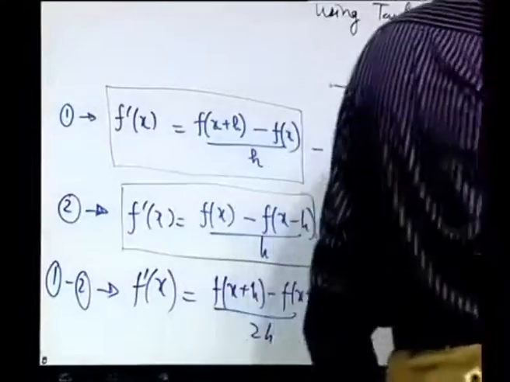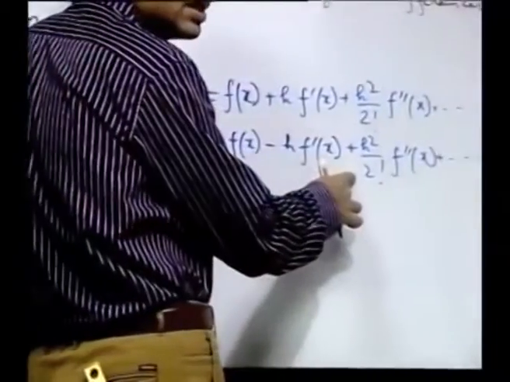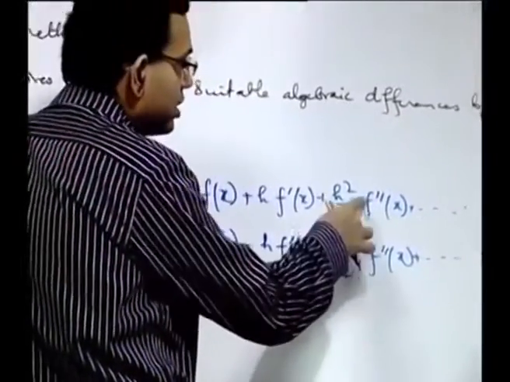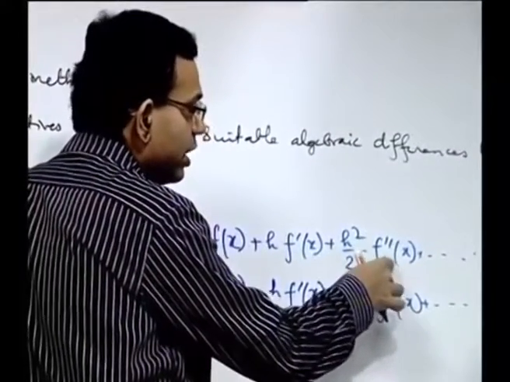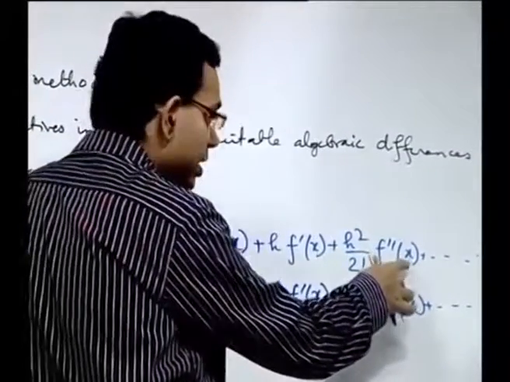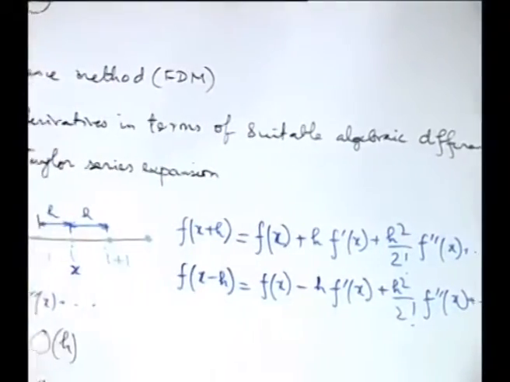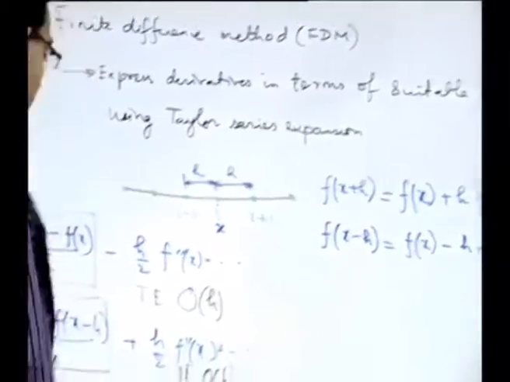So when you subtract, the h square by factorial 2 term gets cancelled out. So, h cube by factorial 3 into f triple prime x remains, and that is multiplied by 2.